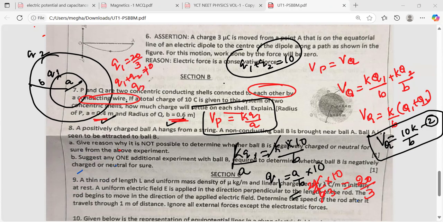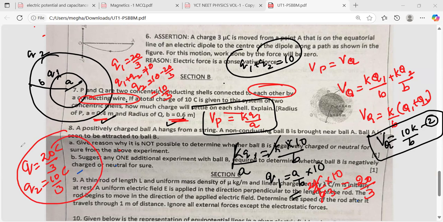So therefore, Q2 will be equal to 10 minus 20 by 3, that is equal to 10 by 3. So therefore, Q1 is 20 by 3 and Q2 is 10 by 3. Good. Hope you understand this. Little you need to think and then do it. So when you add both, you will have to get it as 10.